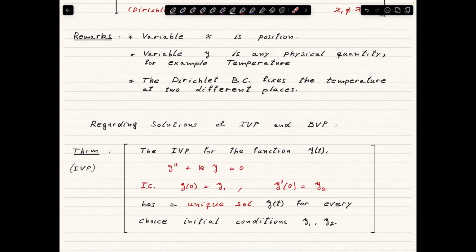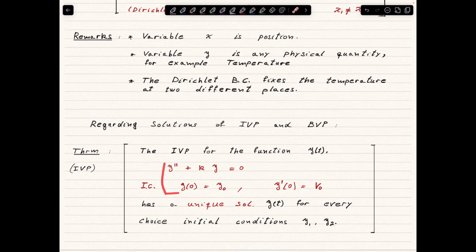Let's put y0 here, and let's put here v0 because it has more meaning as velocity. So initial conditions given by initial position and initial velocity.